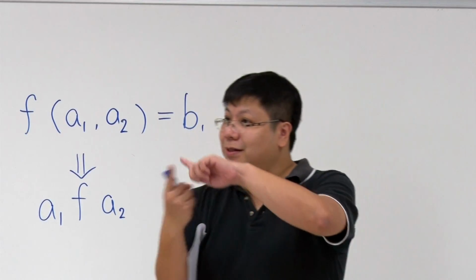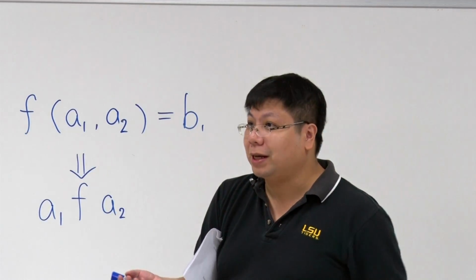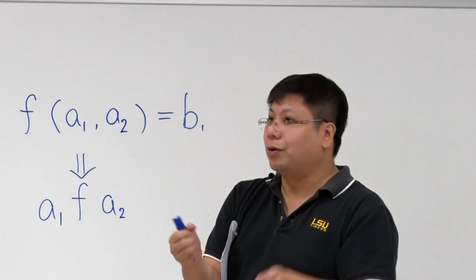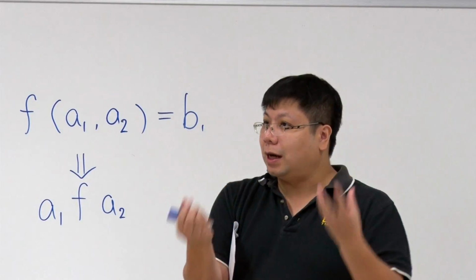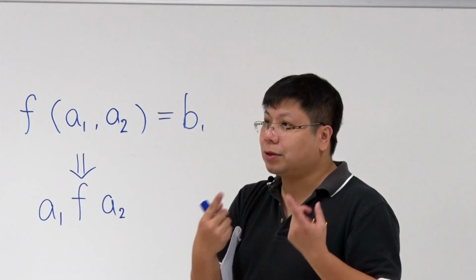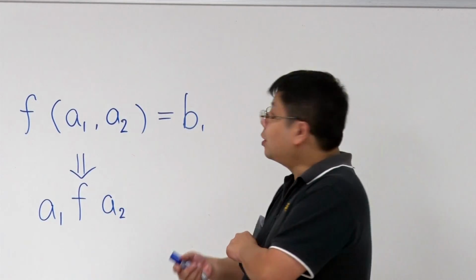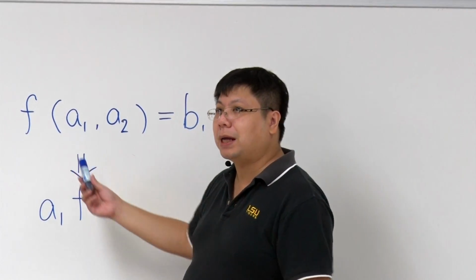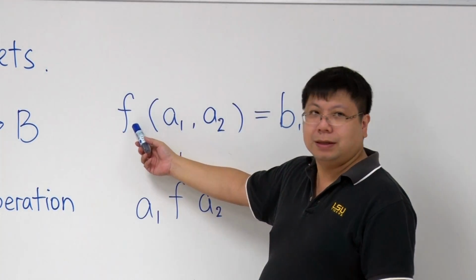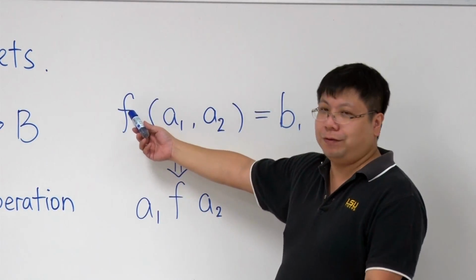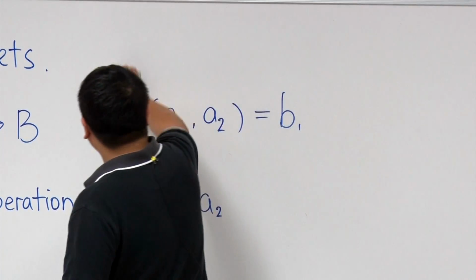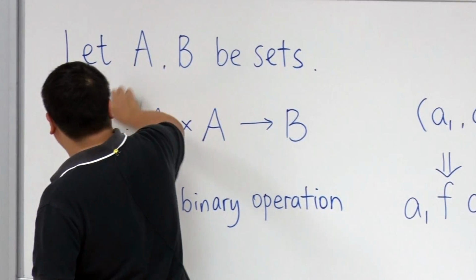Perhaps this is something strange, but we are actually using this every day. Like 1 plus 2 is equal to 3, actually the plus is a binary operator, right? It takes two integers or two real numbers as the input, computes the sum and gets a result. Multiplication is also like this. Usually, rather than using an English character f to represent a binary operator, we will use some symbol.